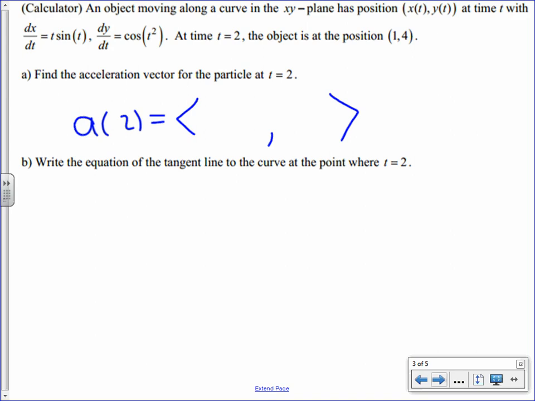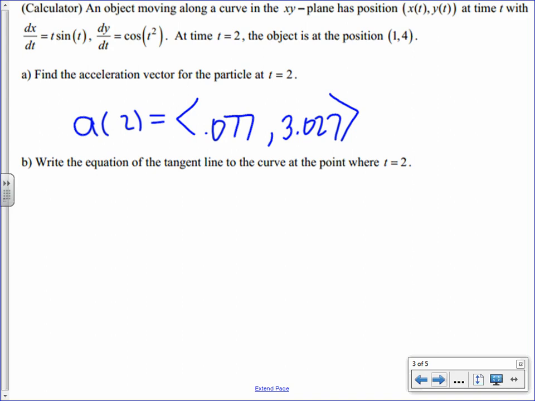What'd you get? 0.077 and then 3.027. Yeah.